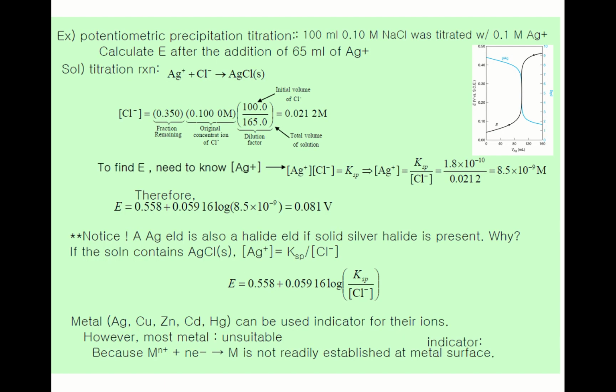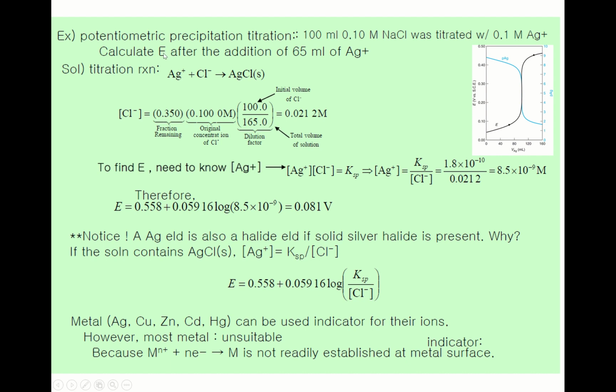So using this silver metal, we can do the precipitation titration here. Let's look at this example. 100 milliliters of 0.1 molar sodium chloride was titrated with 0.1 molar silver ion.